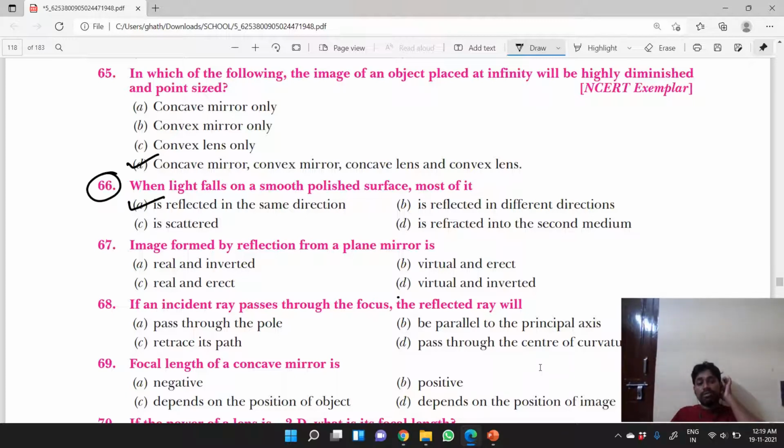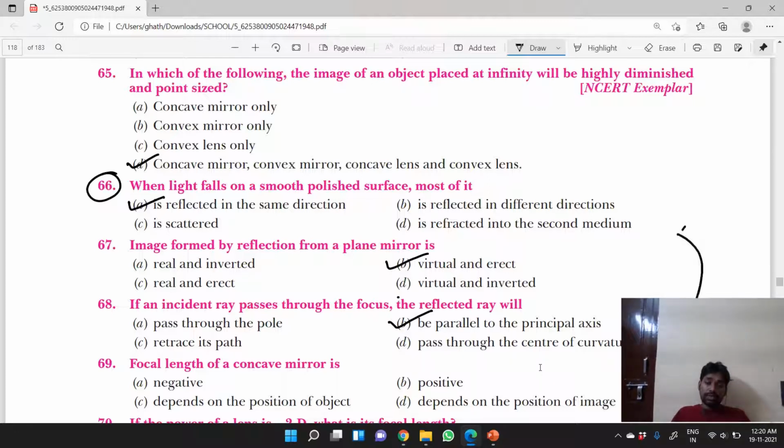The image formed by the plane mirror is always virtual, erect, and of the same size. 68. An incident ray passes through the focus. The reflected ray will be parallel to the principal axis.